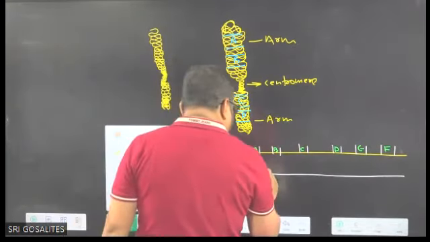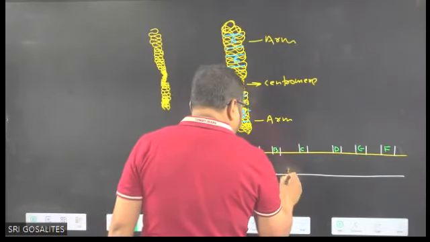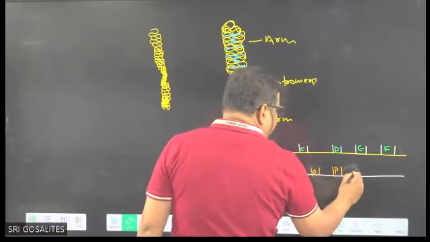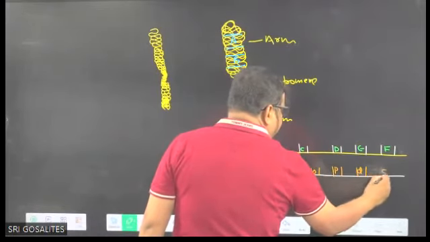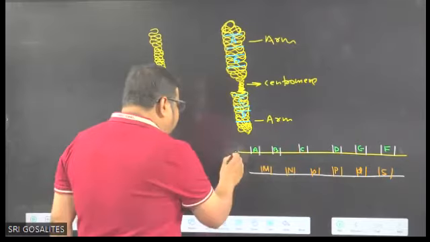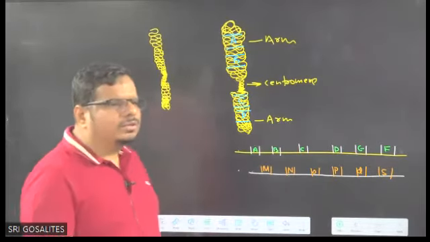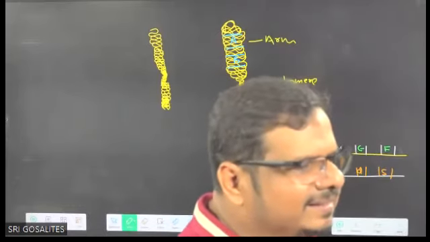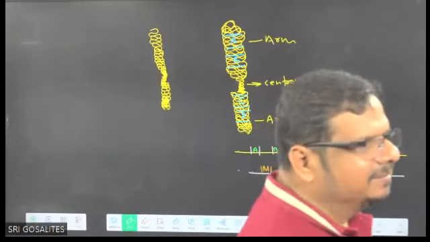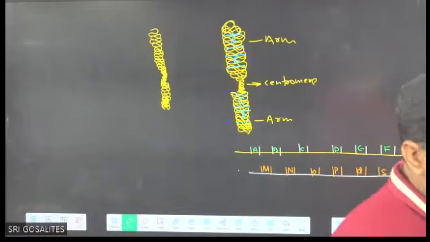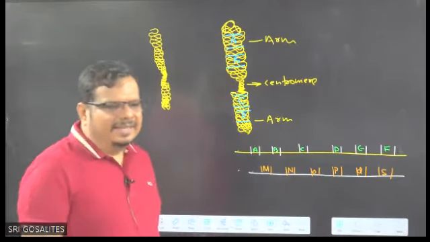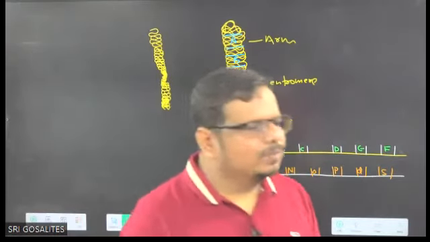Here it is M, here it is N, here it is O, here it is P, here it is Q, here it is S. Are the upper and lower chromosomes homologous or heterologous chromosomes? They are homologous? No, they are heterologous. Why heterologous?